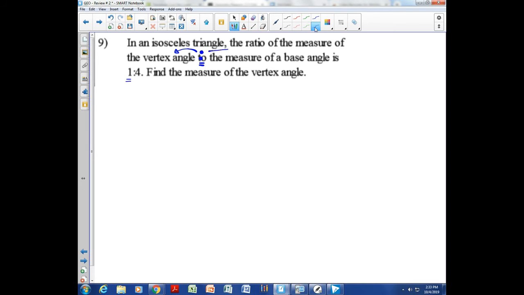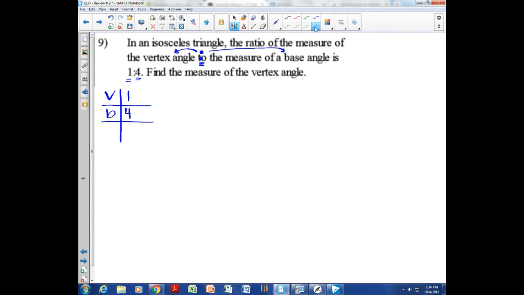And whatever's on the other side, in this case the base angle, means that 4 is going to be representative of the base angle. So I'm going to make a table here that starts with just my vertex and my base. The 1 belongs to the vertex and the 4 belongs to the base.